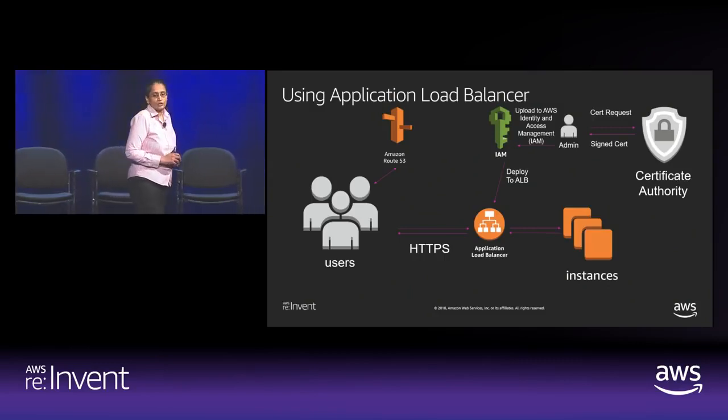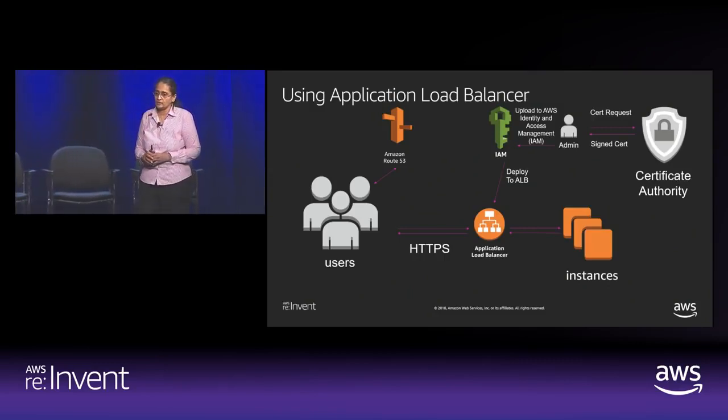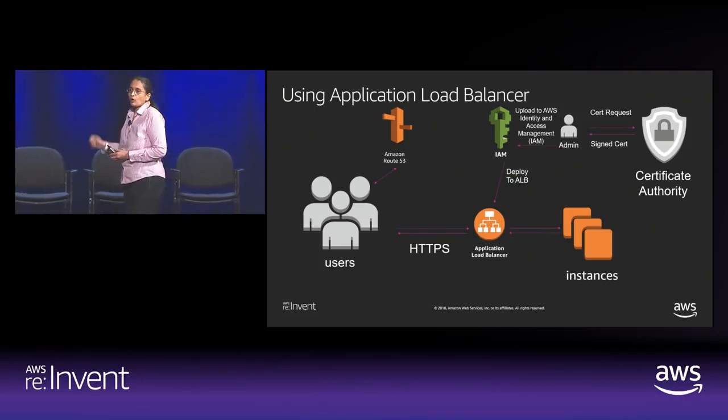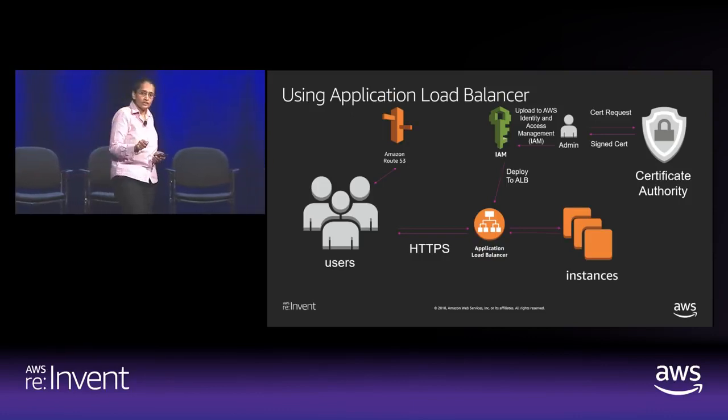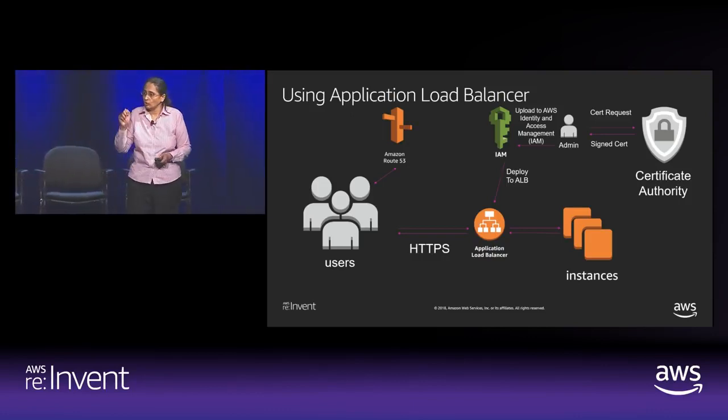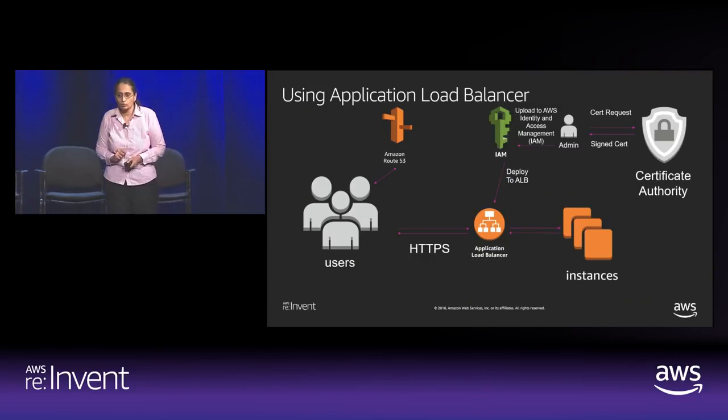You can integrate your admin into the identity and access management system, IAM, which gives certain policies on who can do what, who can maintain these certs, who can rotate these certs. You're integrating that into IAM, and only certain admins with those privileges will be able to download those certs into the load balancer.